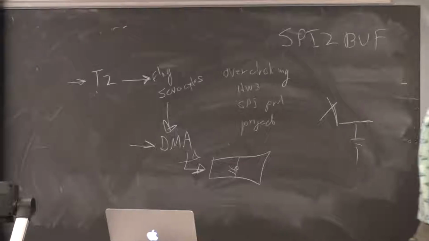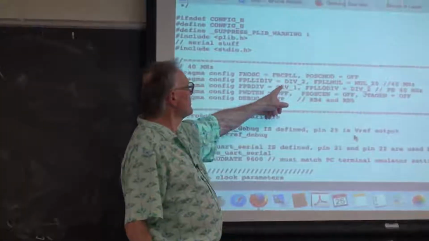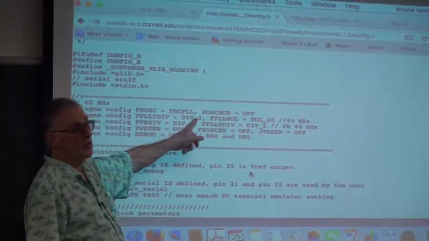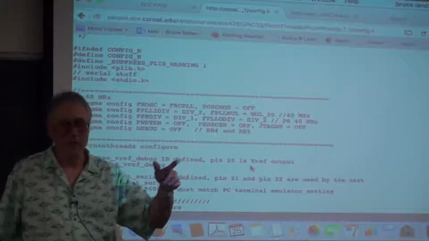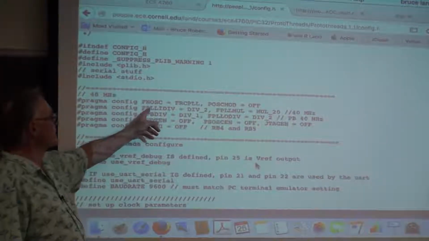So right now the input phase lock loop divider has to stay at 2 because the input to the phase lock loop has to be about 4 megahertz and the oscillator is at 8 megahertz.